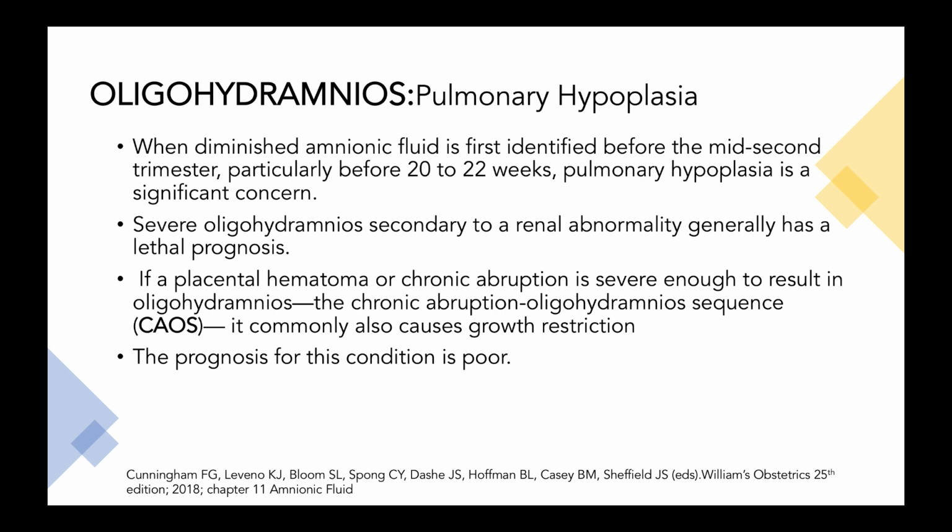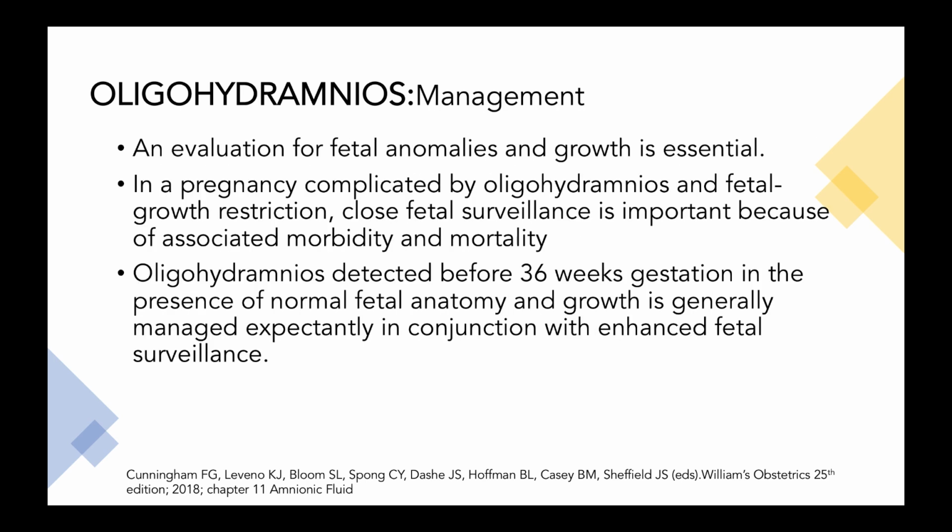If a placental hematoma or chorionic abruption is severe enough to result in oligohydramnios, then we have a condition called CAOS, or the chronic abruption oligohydramnios sequence. This commonly also causes growth restriction, and the prognosis for this condition is very poor.